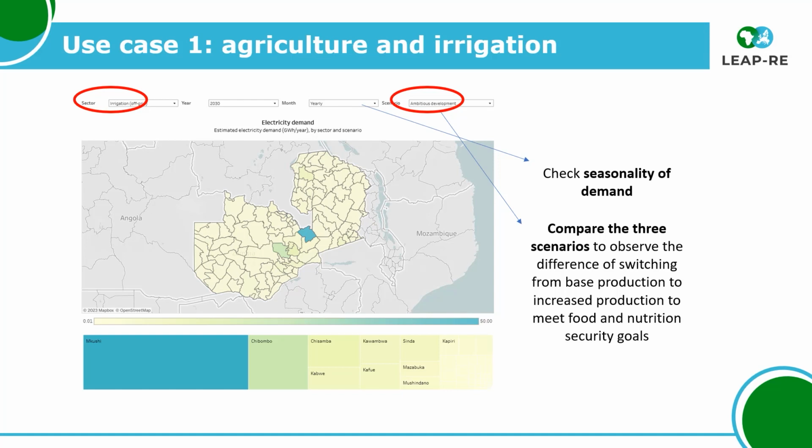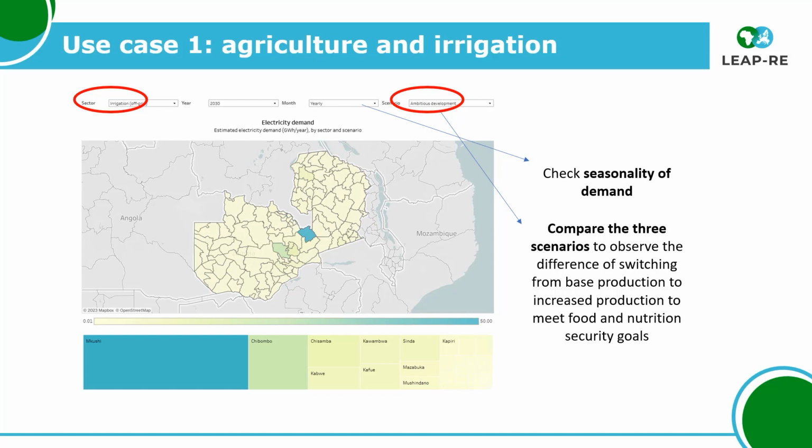And also here we can, of course, select the most suitable selector options in terms of horizon, scenarios, etc., to observe which regions are estimated to have the highest demand for water pumping and distribution onto the field for achieving irrigation goals that are defined by each scenario.